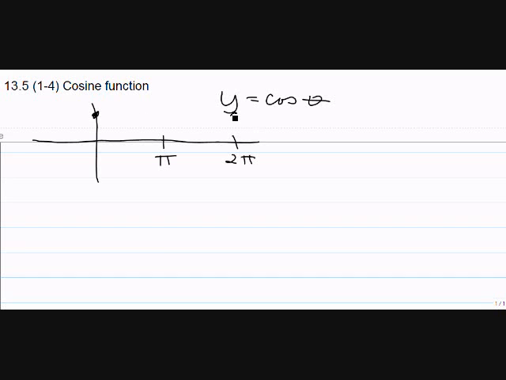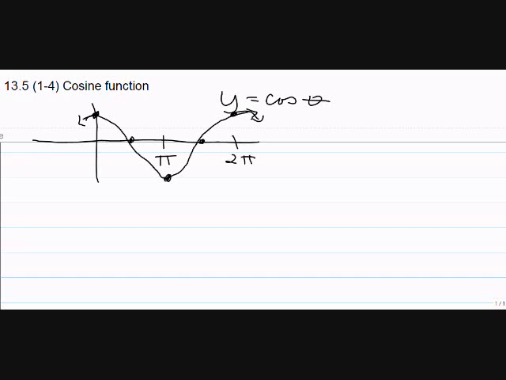In one period, in one cycle, it's back up to its maximum. It has to hit its minimum somewhere, so that'll be halfway in between, and it goes to the horizontal axis at the quarter points, so pi over 2 and 3 pi over 2. And one cycle from 0 to 2 pi is going to look like that.